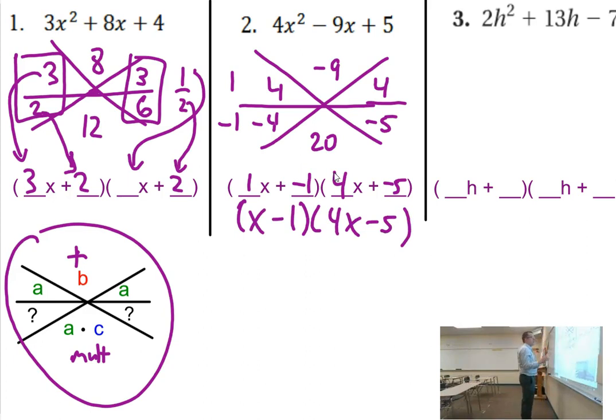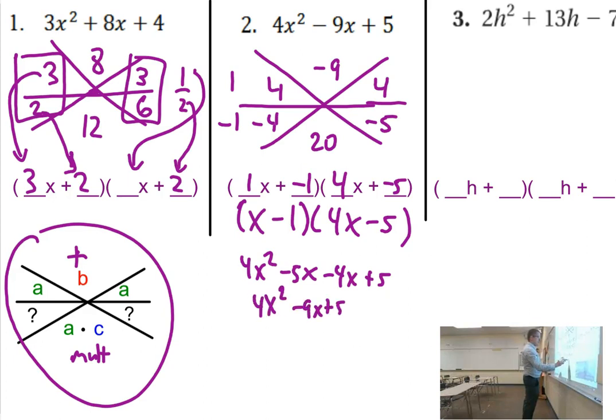Always check: multiply these back through, make sure you get what you're supposed to. If I do FOIL, the first gives 4x squared, outer minus 5x, inner minus 4x, last plus 5, so that'd be 4x squared minus 9x plus 5, which is what I am supposed to get.